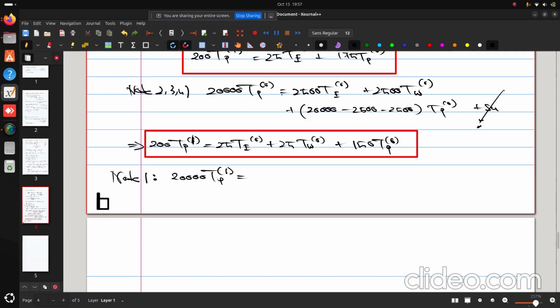Node 5. In node 5, there is no east neighbor, so only west neighbor will be there, that is 2500.